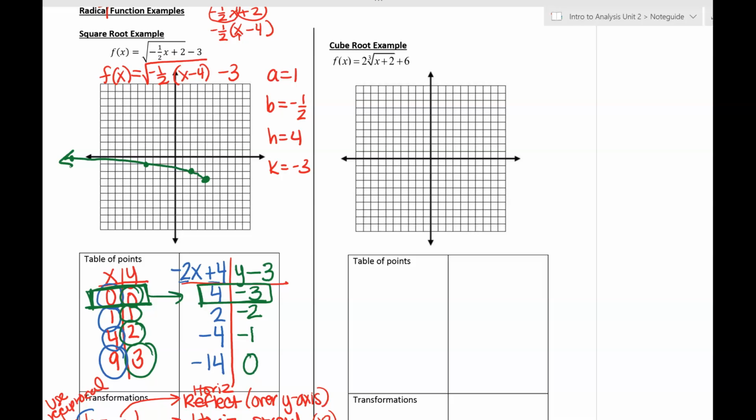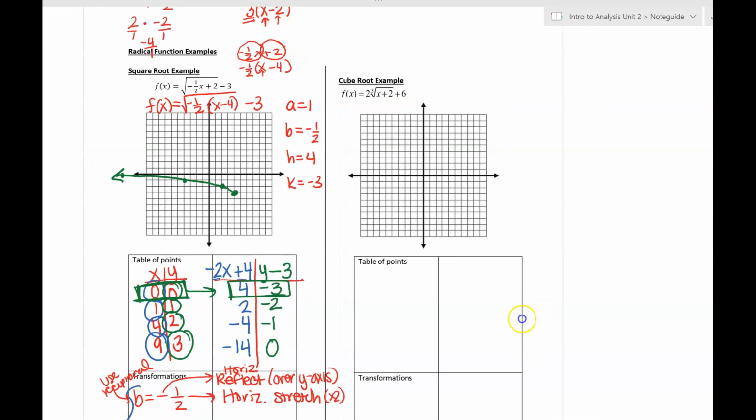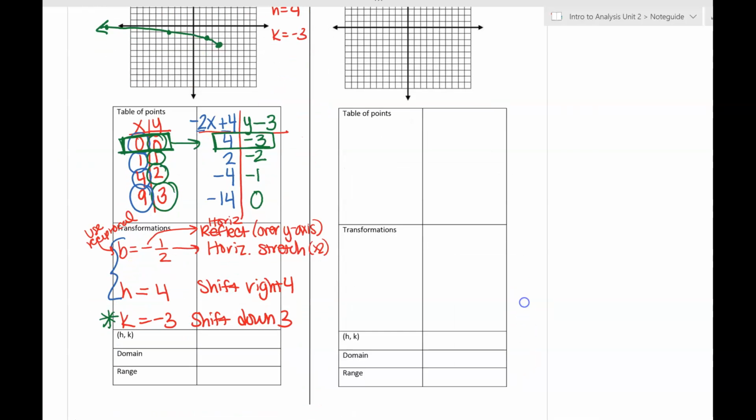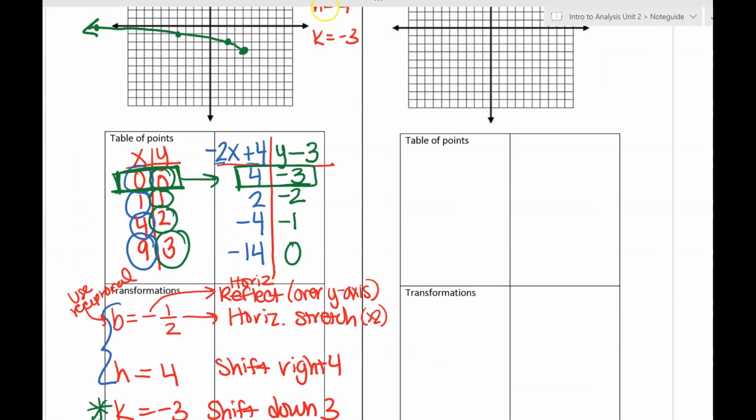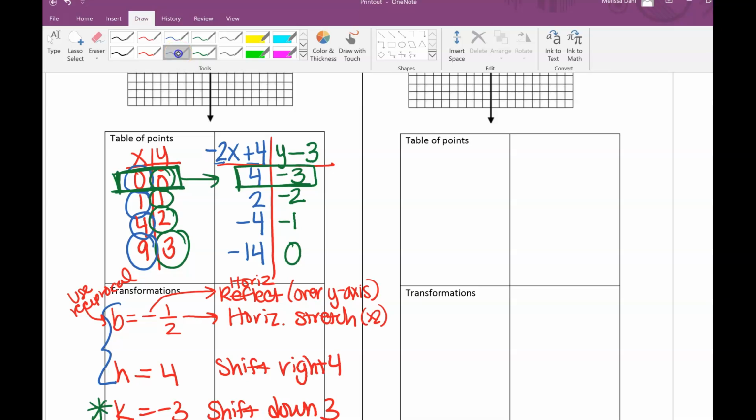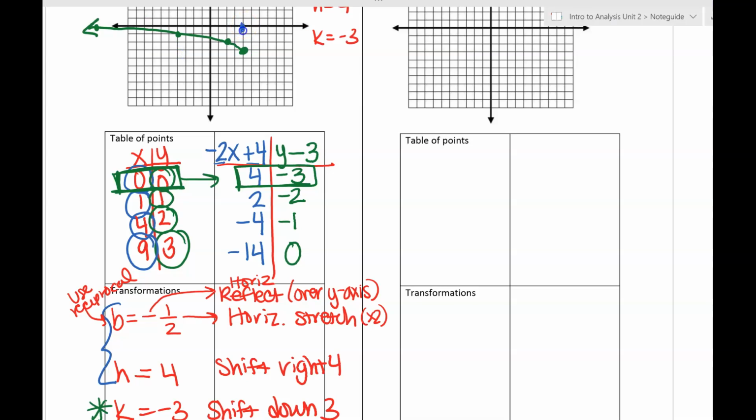So there's my graph. I have the table and I've listed the transformations, and now let's list our new h and k values, that 4, negative 3. And then looking at the graph, you can see the domain and the range values. So the domain, notice that now your starting point for x is here at 4 and it's only plotted to the left of 4.